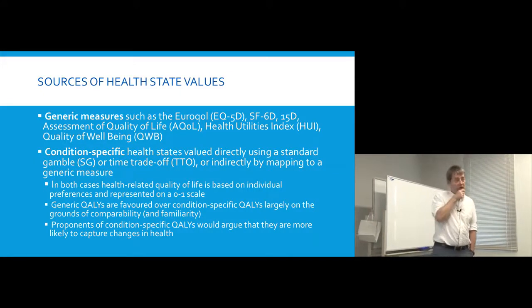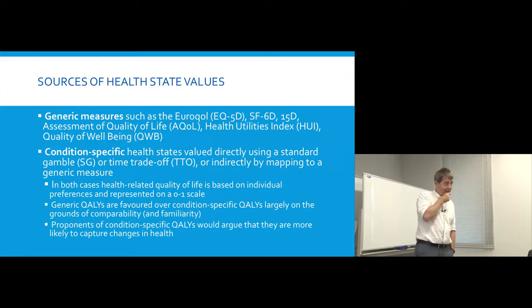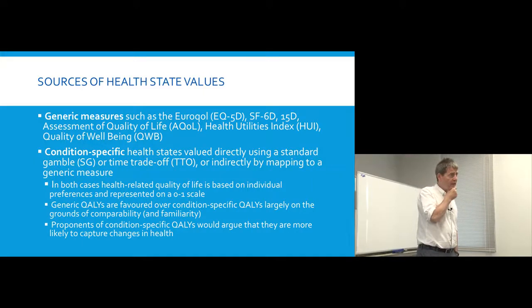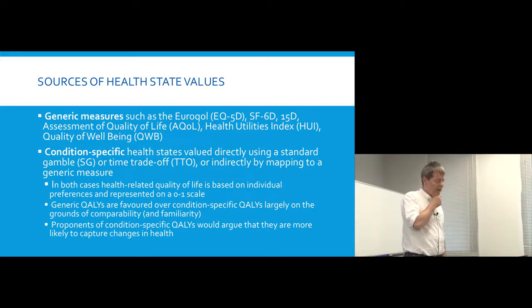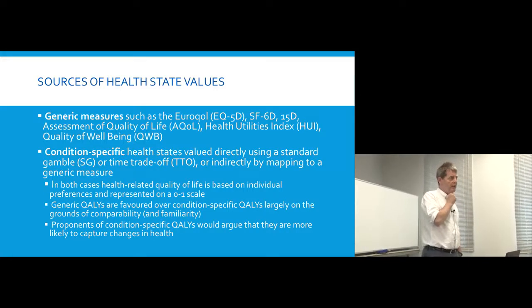Generic QALYs, generally speaking, at least by health economists, but also by decision makers using QALYs, are typically favoured over condition-specific QALYs. And the main reason for this is this issue of comparability.